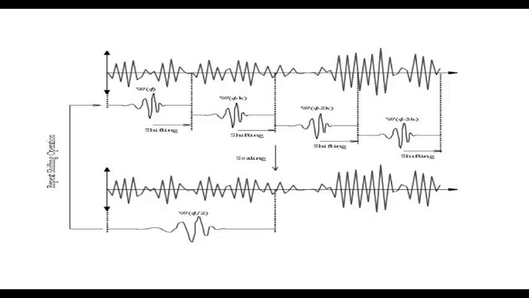Then apply the wavelet transform multiple times, which results in clusters at different scales, from fine to coarse. So these are the steps to find clusters using the wavelet transform.